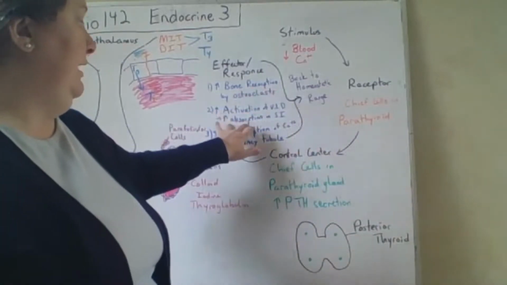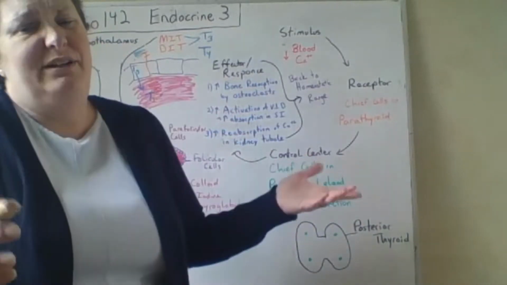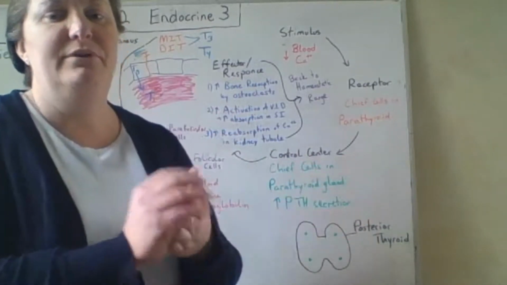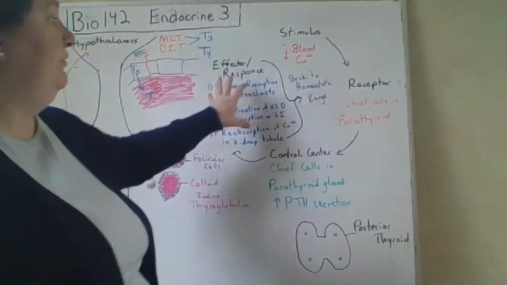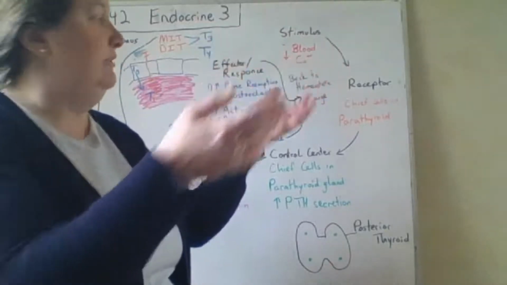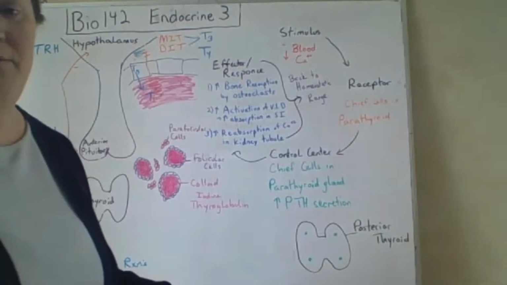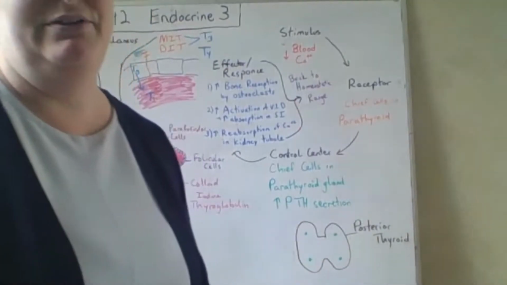Resorption, absorption, and reabsorption. A little tricky because of the words, but does the concept make sense? So I do those things. Blood levels of calcium increase, and I go back to homeostatic range. That makes sense. I'm hoping it does.